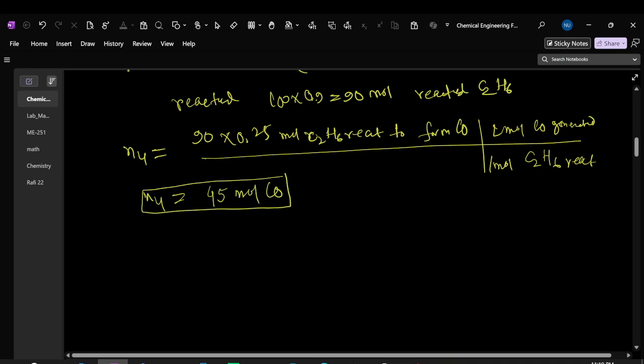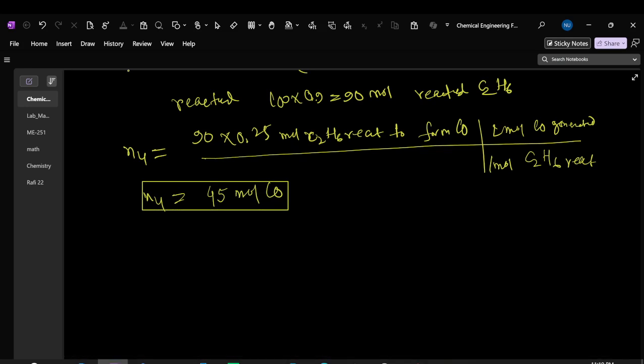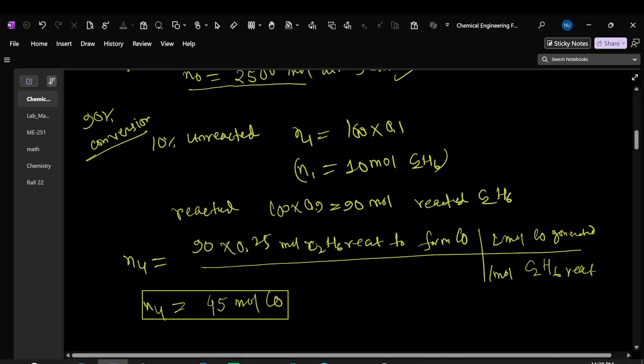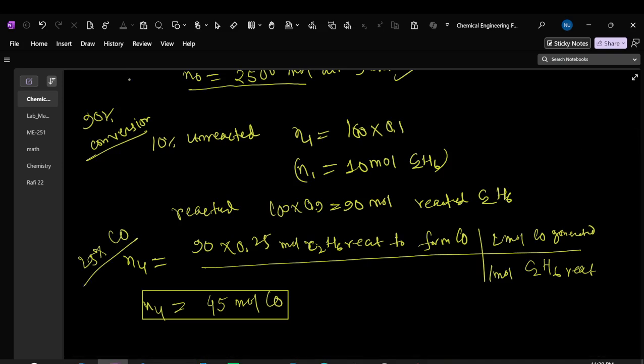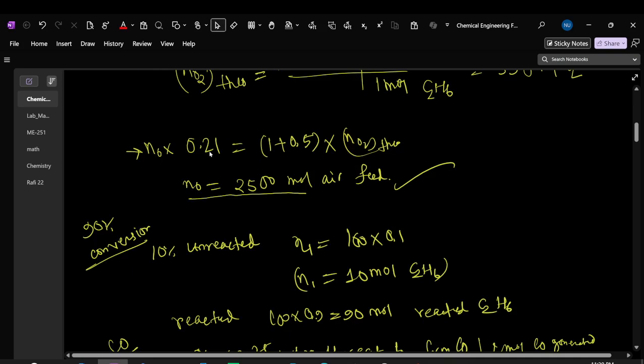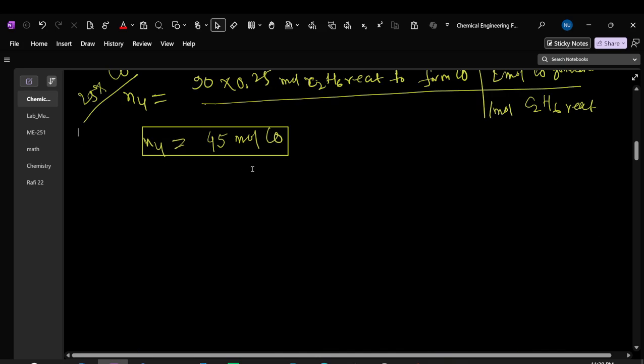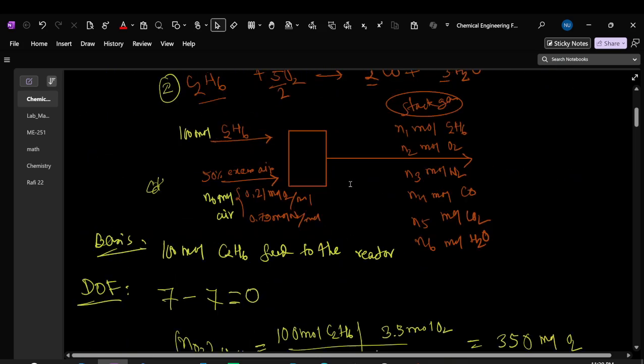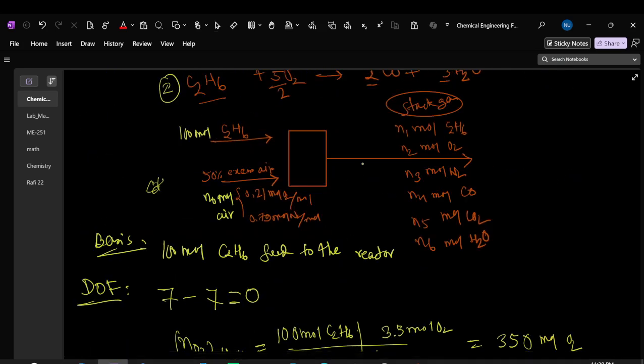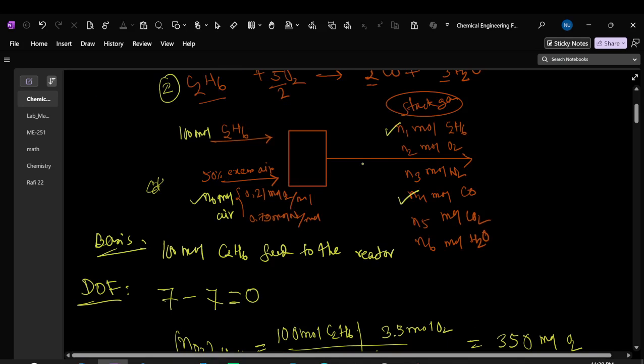So we also find out another variable. Now we have used the 3 extra pieces of information: 25% to form carbon monoxide, 90% conversion of ethane, and 50% excess of air. By this extra information we have calculated N1, N4, and N0.